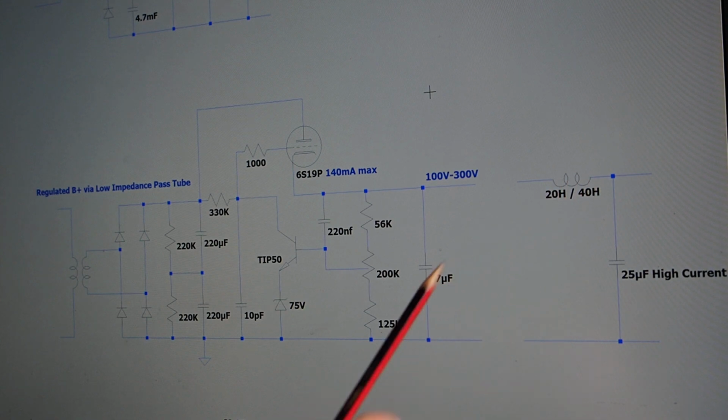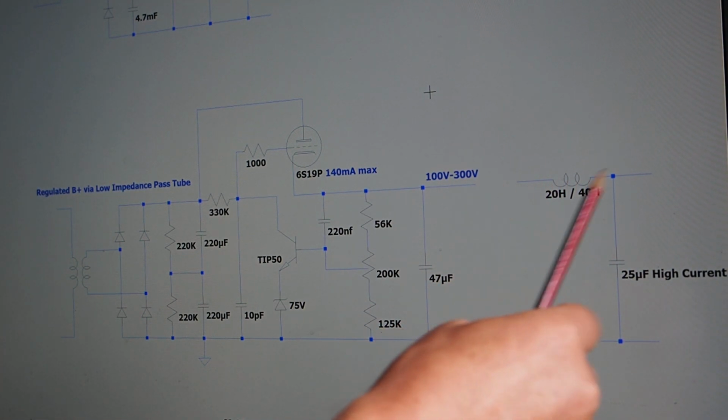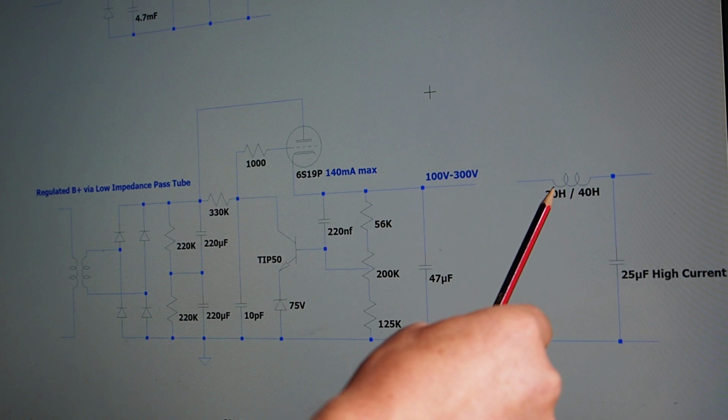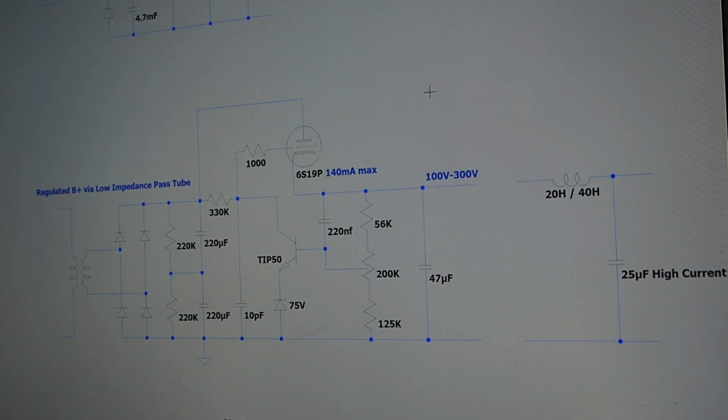You can specify this much closer to the actual current that you need. So if your tube is taking 50 milliamps and you take a 50 milliamp specified inductor, it will function fine for you. So those are the positives.